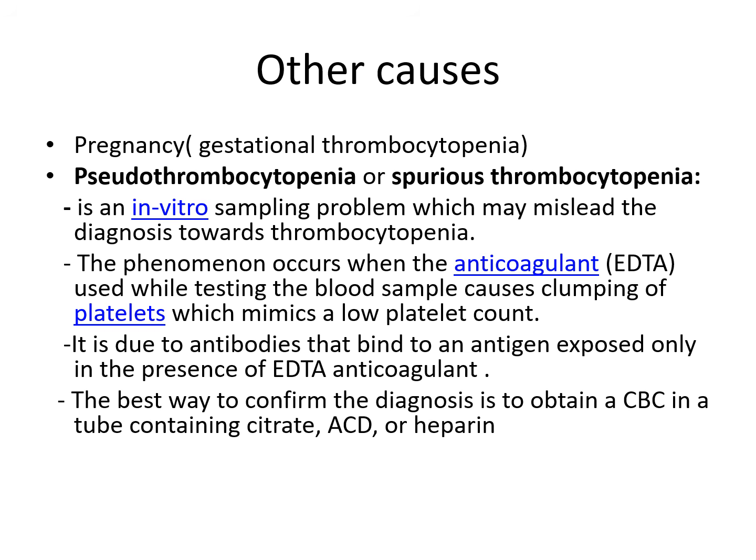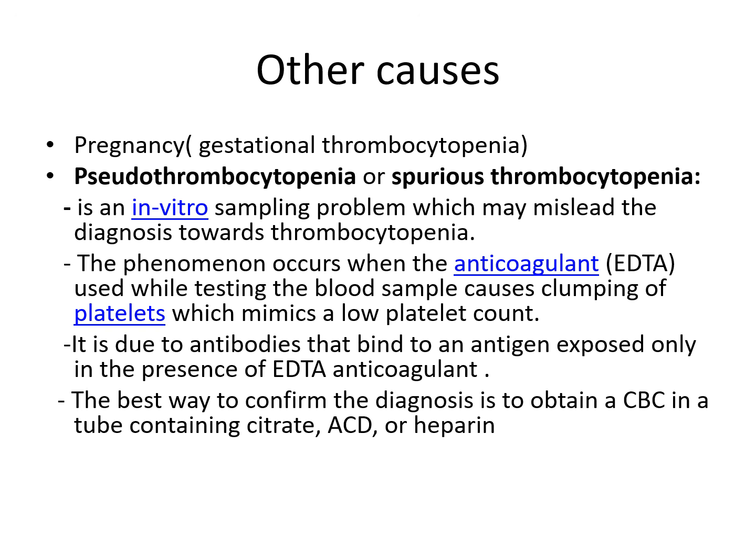We have a phenomenon called pseudothrombocytopenia, or spurious thrombocytopenia, or false thrombocytopenia. This is an in vitro sampling problem which may mislead the diagnosis towards thrombocytopenia. It occurs due to the presence of an anticoagulant called EDTA, which is present in the CBC tube.